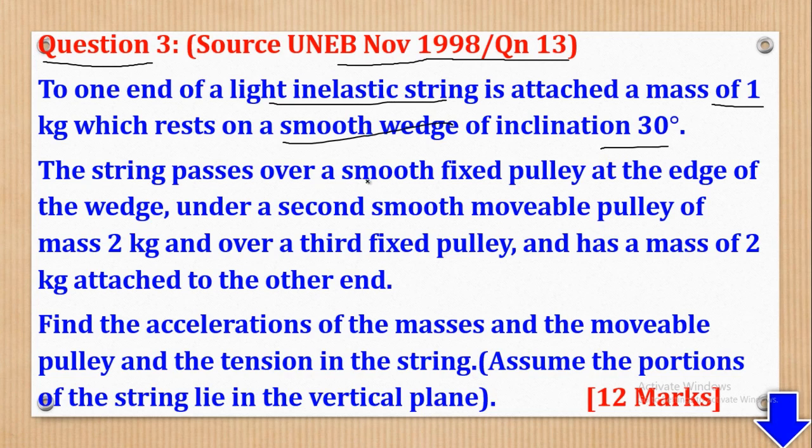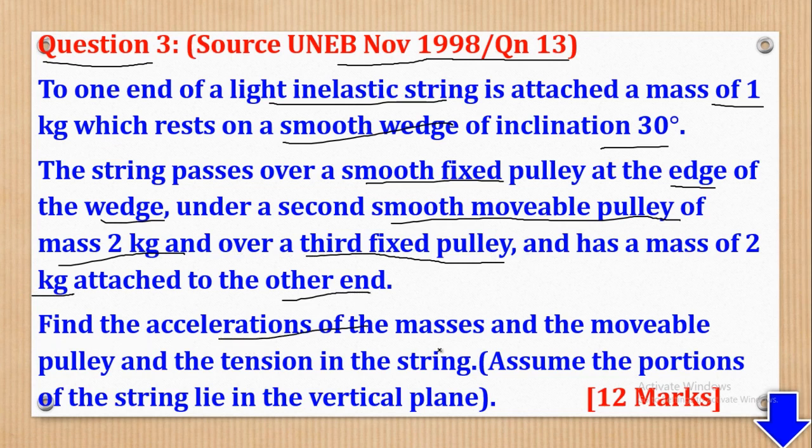The string passes over a smooth fixed pulley at the edge of the wedge, under a second smooth movable pulley of mass 2 kilograms, and over a third fixed pulley, and has a mass of 2 kilograms attached to the other end. Find the accelerations of the masses and the movable pulley and the tension in the string. Assume that the portions of the string lie in a vertical plane.